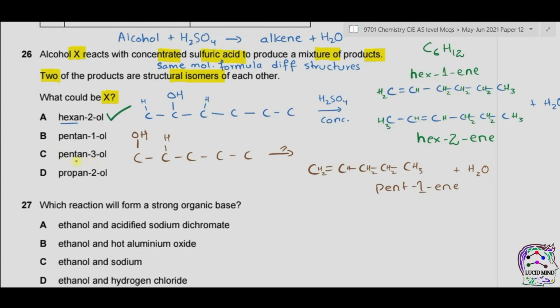For part C we have pentane 3-ol. It means that the OH group is attached on the third carbon atom, and in total we have 5. Now hydrogen can be removed from this adjacent carbon atom or this adjacent carbon atom, so the double bond could either come between these 2 carbons or these 2 carbons. 2 products are formed, and if the double bond is between these 2 carbon atoms, then this product is formed.